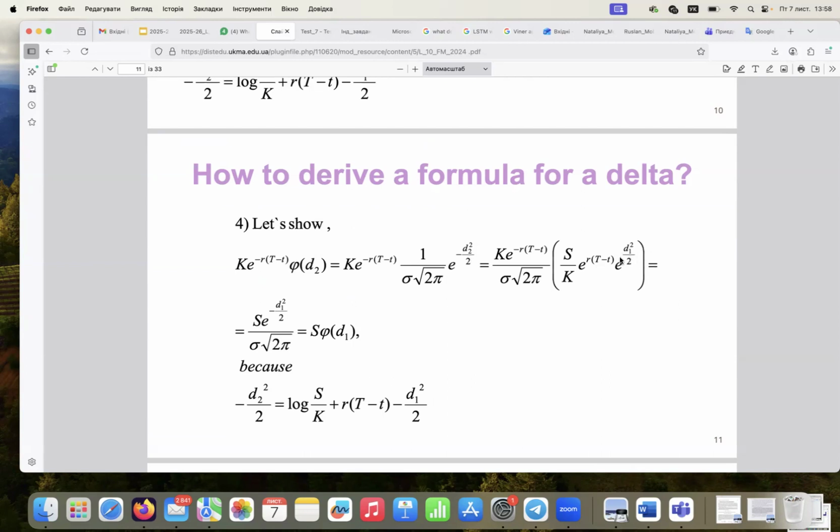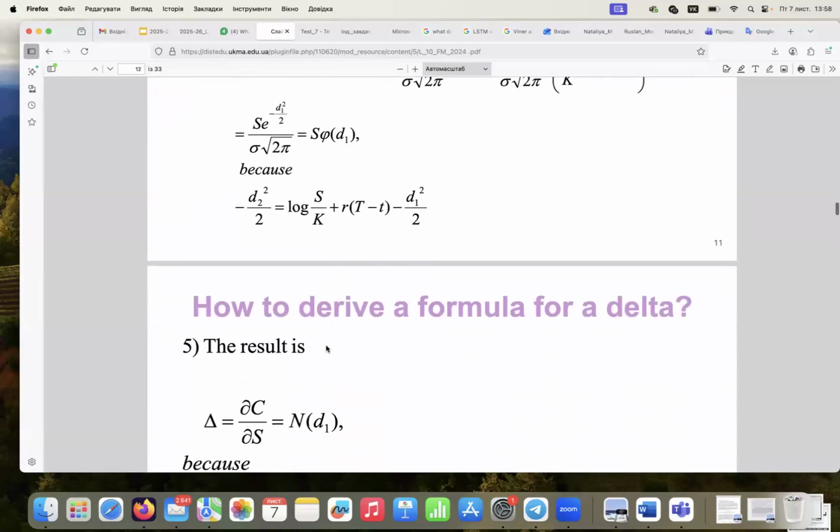And yes, it's a mistake. We remember that this was from this, if you take the logarithm from previous slides, so we have that it is like S multiplied by phi of d1.